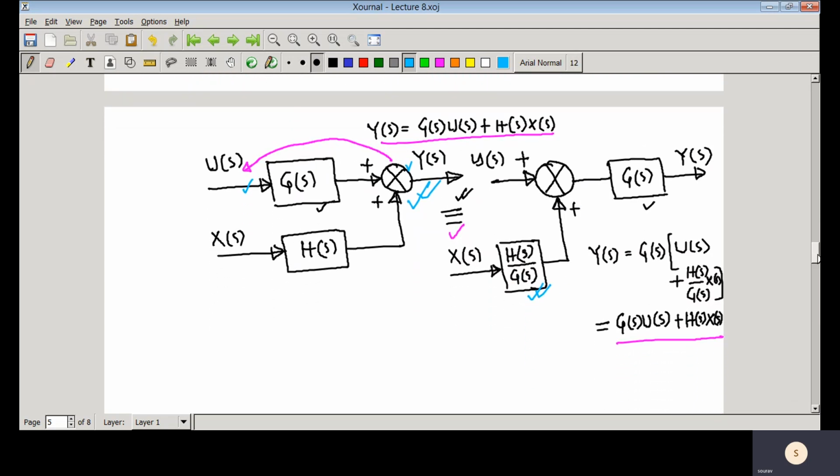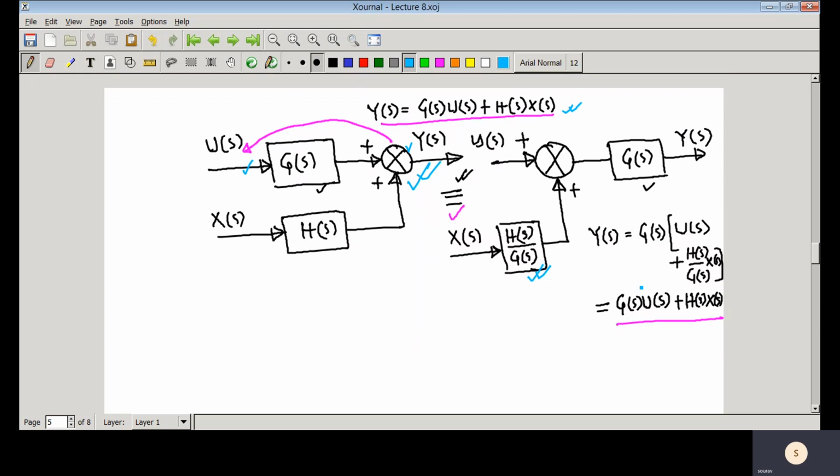It is very easy to understand just by looking at that final expression. Basically you need to make both the expressions the same. Accordingly, you need to modify the block diagram transfer function.